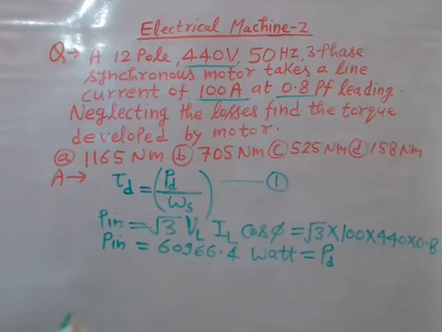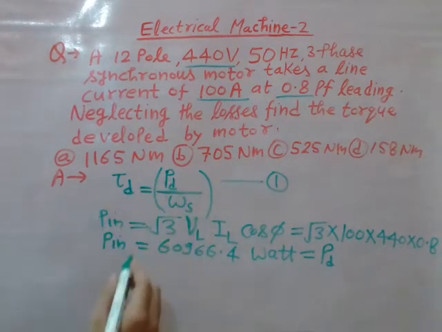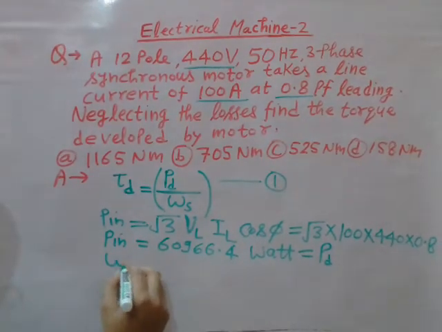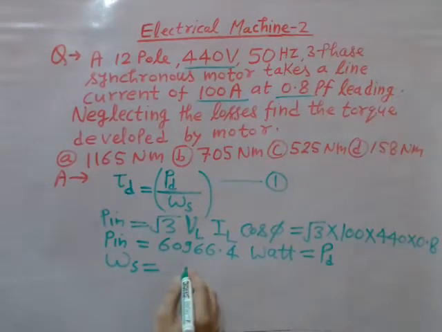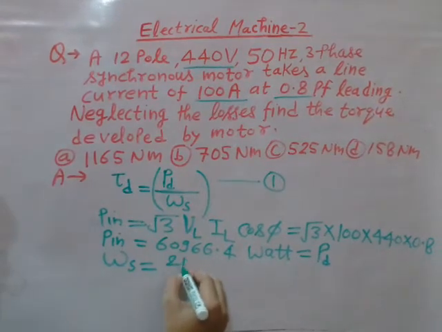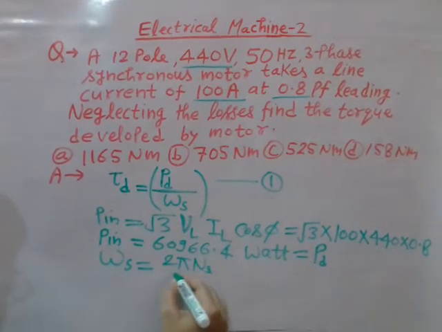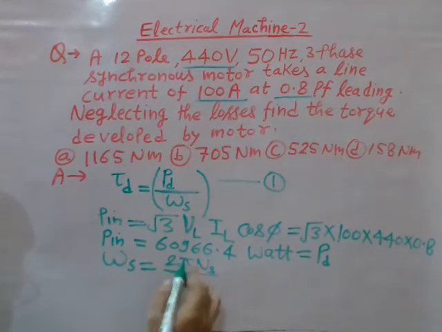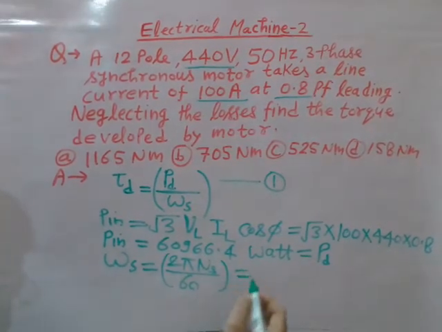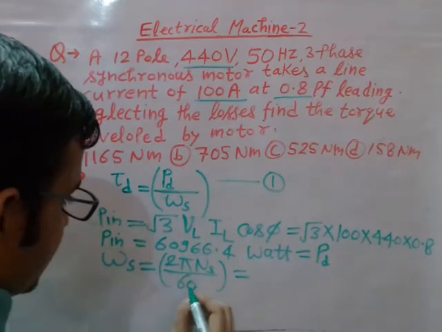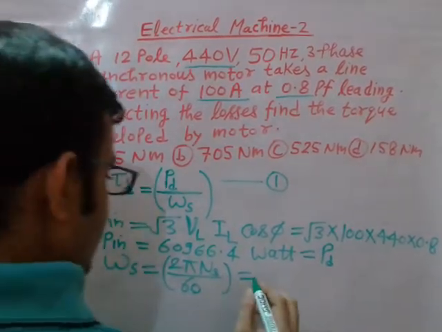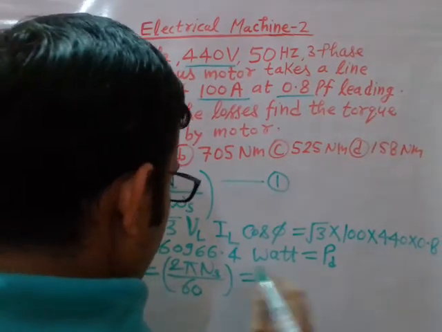Now, one quantity you have calculated. Now calculate omega s, that is synchronous speed, right? Omega s is given by 2 pi Ns by 60. You have to calculate this in radian per second. It is the speed of flux in air gap.